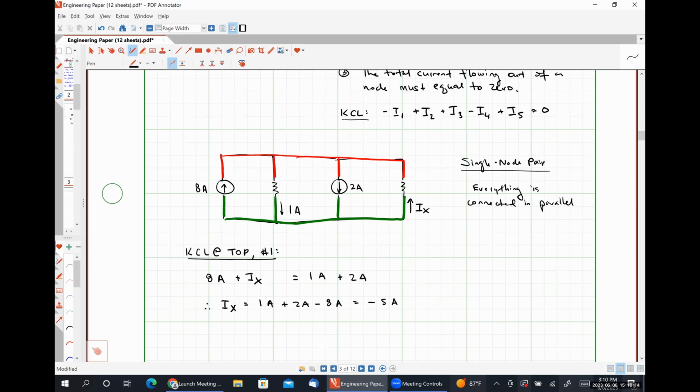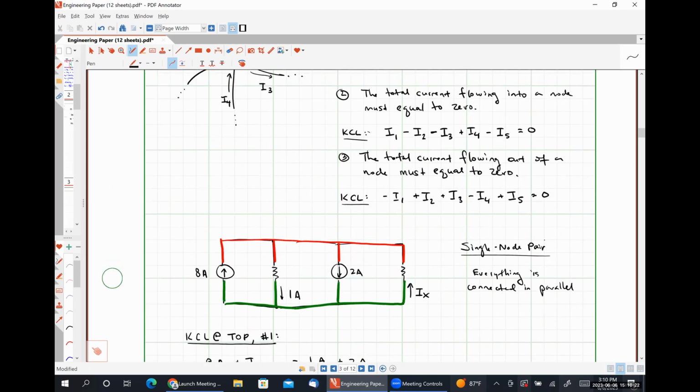If we had chosen to do KCL at the bottom node, we would get the exact same result. If we had chosen to use formulation number 2 or formulation number 3, we would get the exact same result. Does not matter which node we apply it at or which formulation of Kirchhoff's current law we use, we'll get the same result all day long.